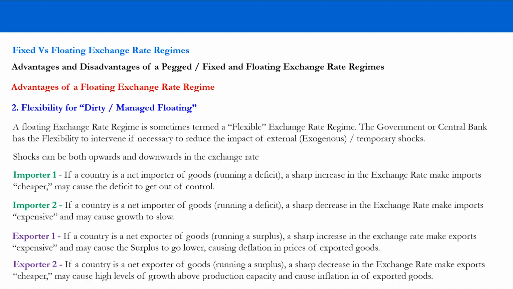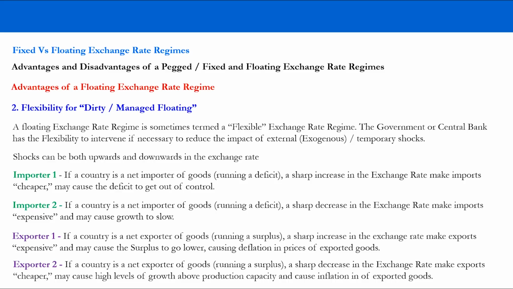So there could be shocks to your system created by exogenous factors if you're a floating exchange rate regime. And it all depends on the situation that you as a country are in.